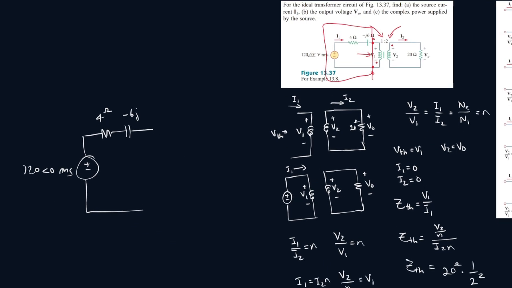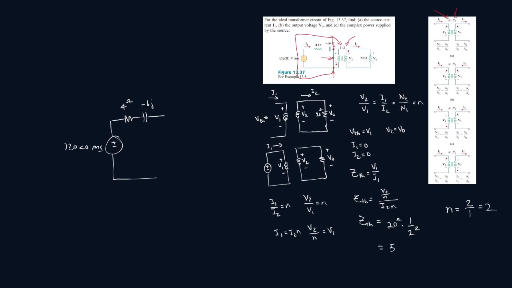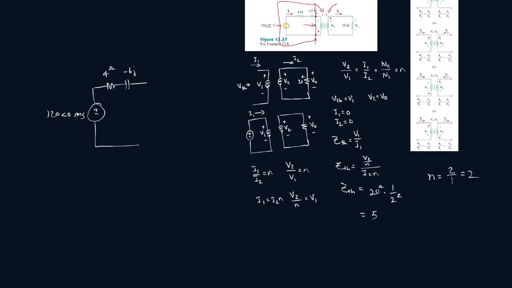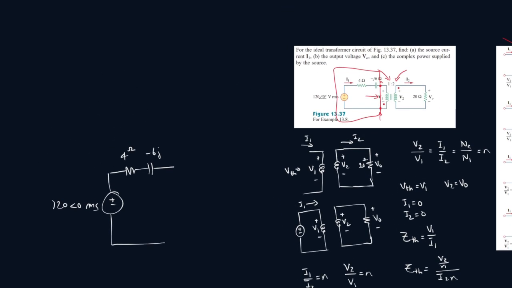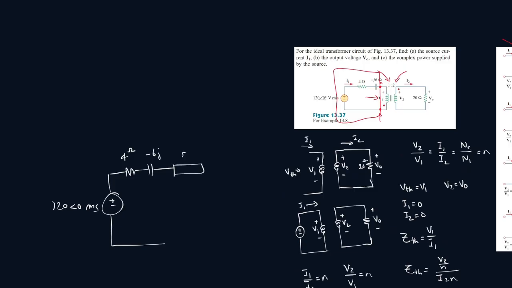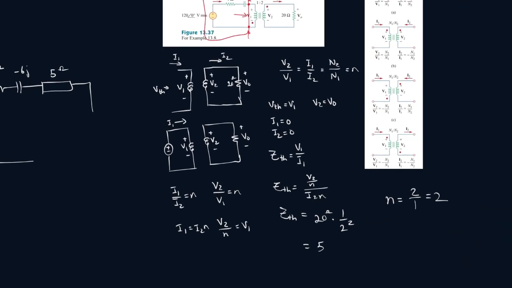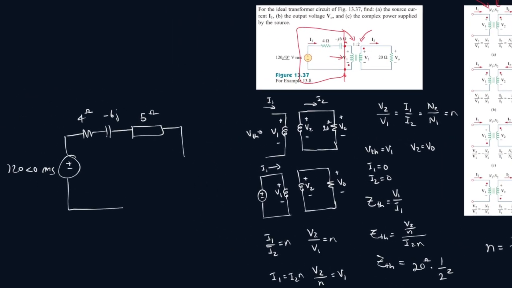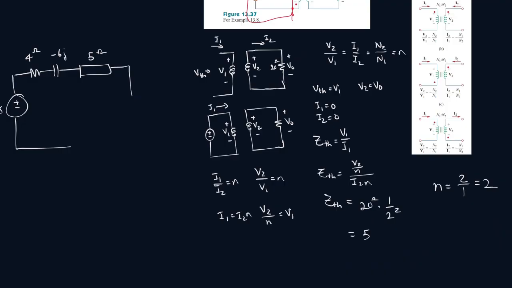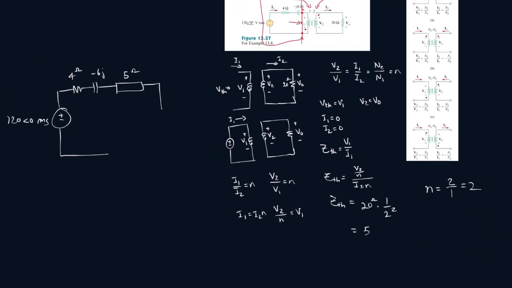Now we include our Thevenin values: a Thevenin impedance of 5 ohms, and a Thevenin voltage.